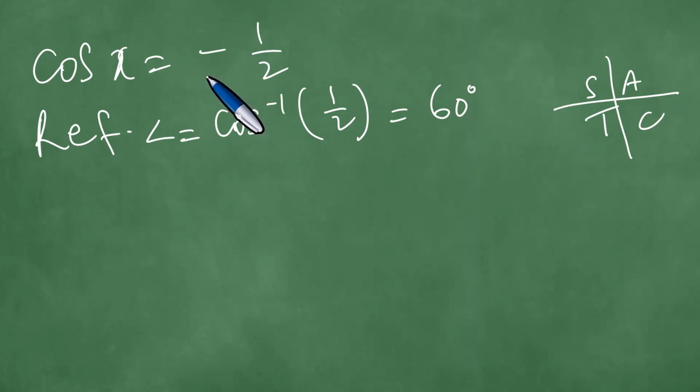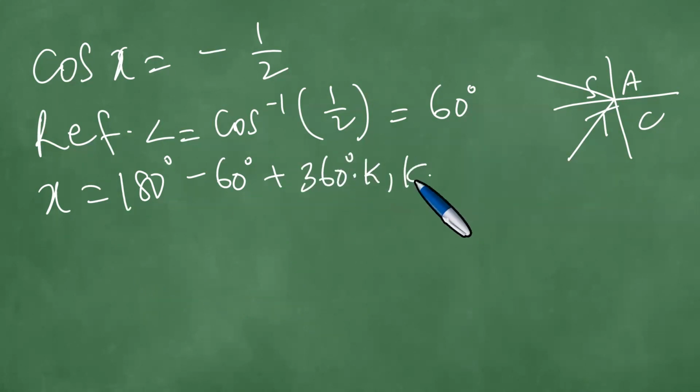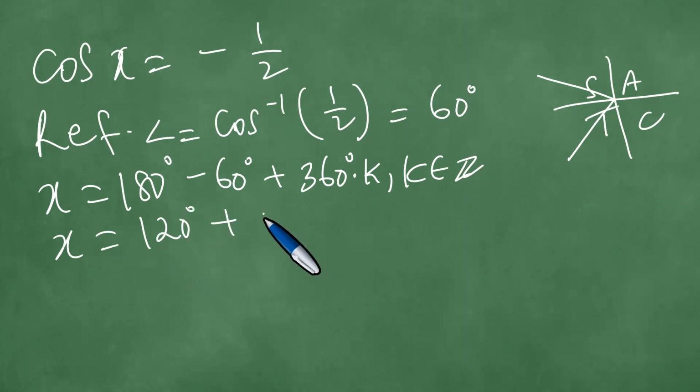They are the second quadrant and also the third quadrant. And so what we're getting is 180 degrees minus 60 degrees plus 360 degrees times k, where k is an element of Z. 180 minus 60 is 120, plus 360 degrees times k, k in Z.